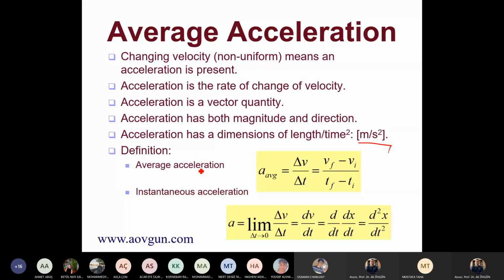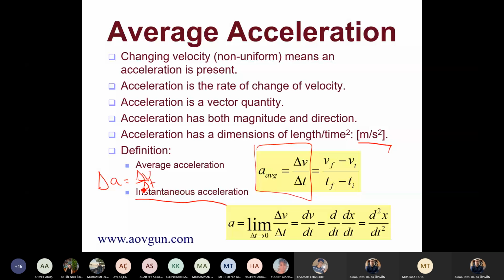Average acceleration, which you can also show by a bar, is delta V over delta t.